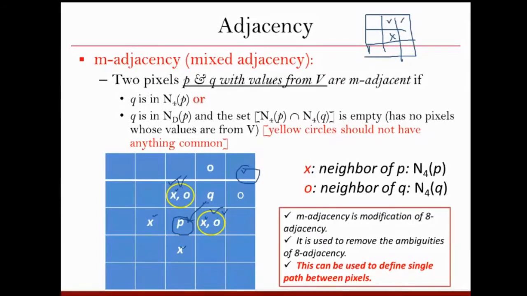To reach from this point to this point, you have two ways. Either you can go directly like this, or you can go first up and then travel towards the right, or you can directly go in the diagonal direction. If you consider both these options, you will not be able to define a unique path. So just to have a unique path, we impose this condition when we are defining the adjacency.